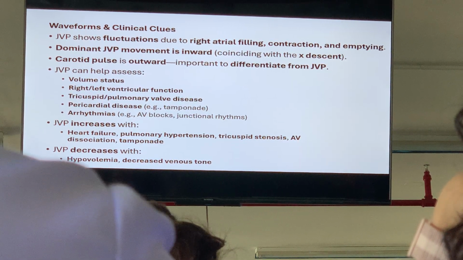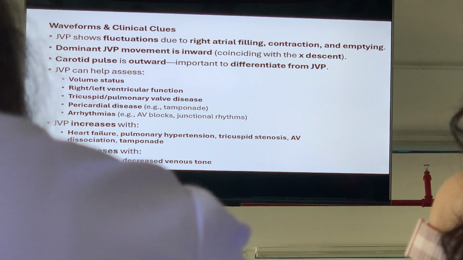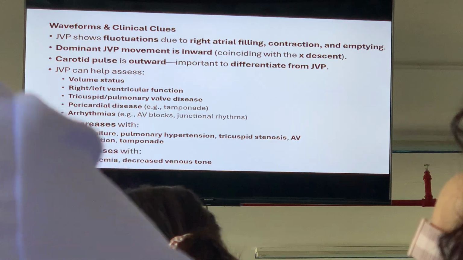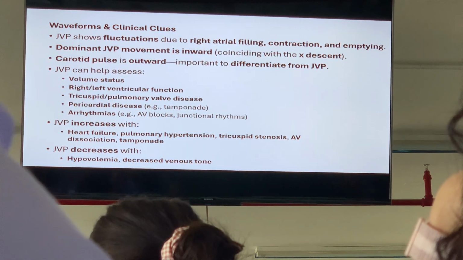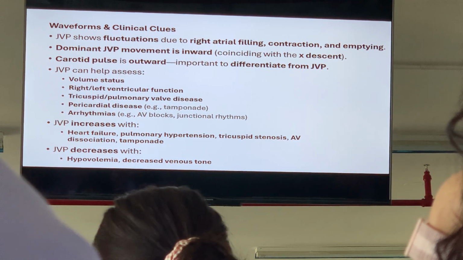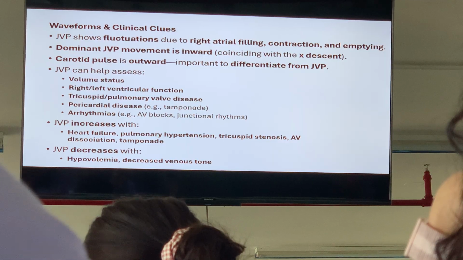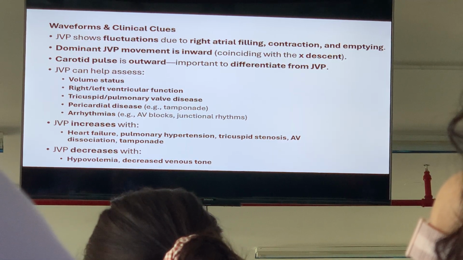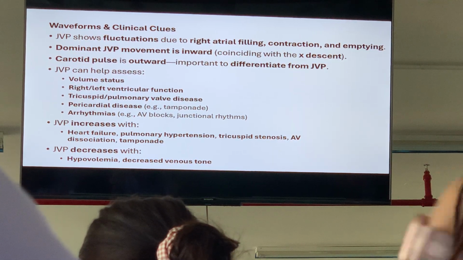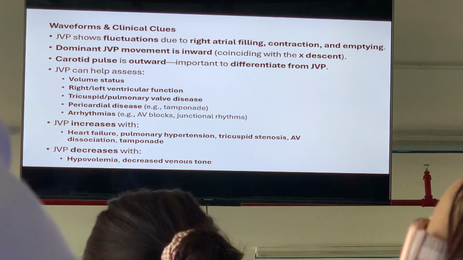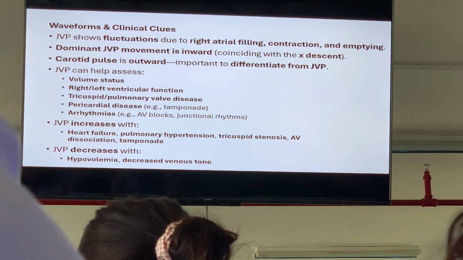Your jugular venous pressure increases with heart failure, pulmonary hypertension, tricuspid stenosis, atrioventricular dissociation, and tamponade. But as mentioned, your JVP will decrease if you have hypovolemia or decreased venous tone.